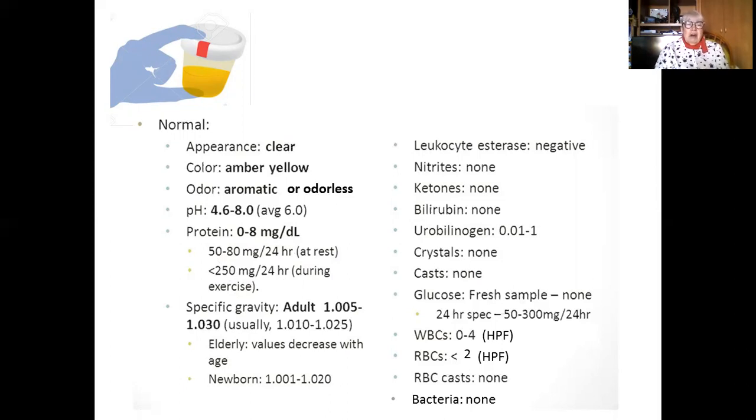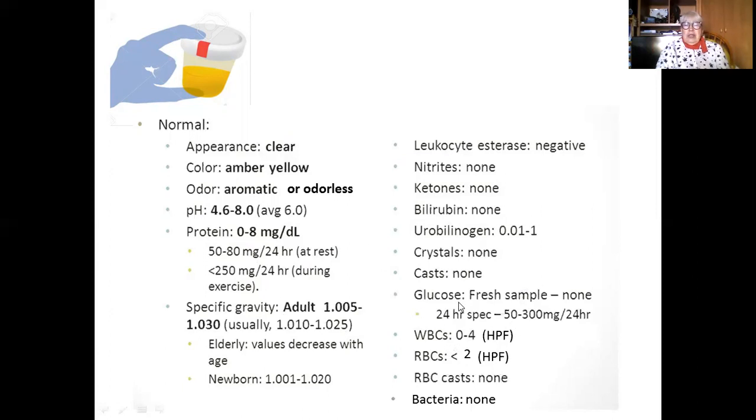Then specific gravity, as you see, usually in the morning urine will be 1.015 more often, and up to 1.025 according to water intake. Then look here, and we will go to the non-chemical examination.